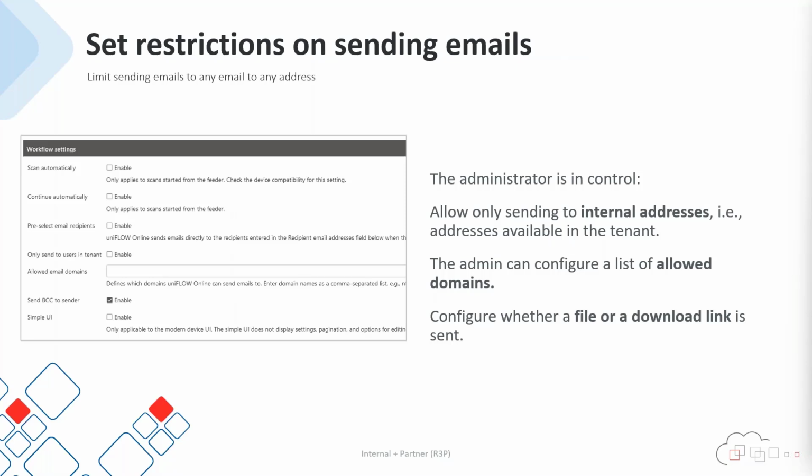So from an IT perspective, the tenant administrator has full control over the settings shown on the slide. For example, allowing only sending to internal addresses, configuring a list of allowed domains, and also determining whether a file or a download link, as I mentioned before, is actually sent with the scan.